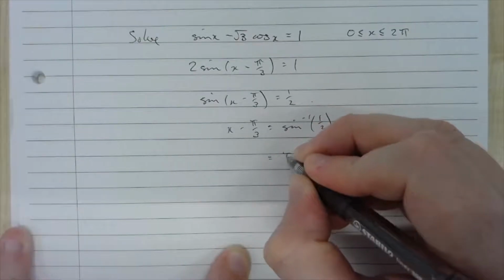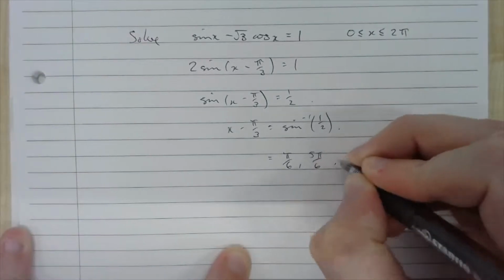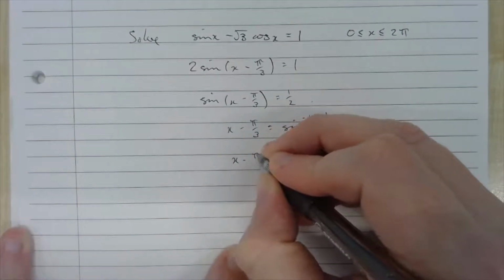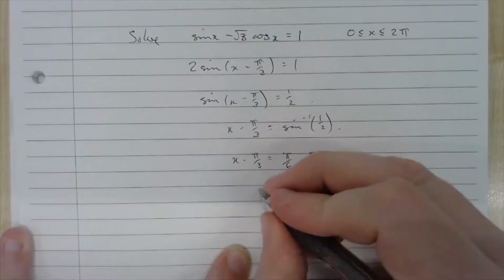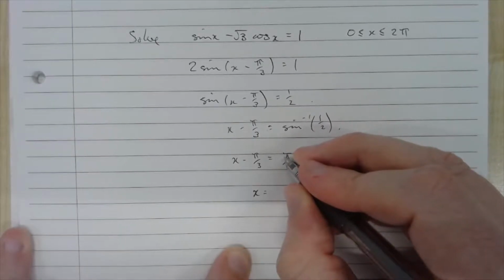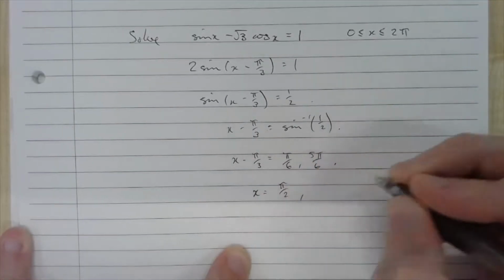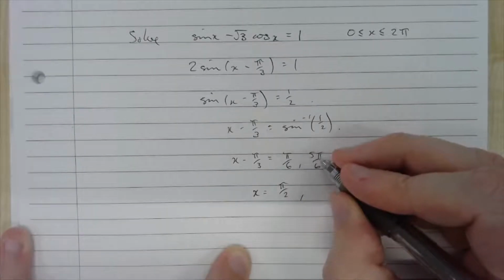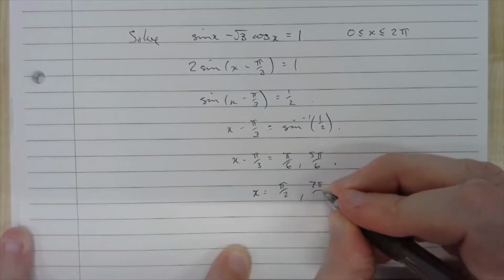So my two solutions are pi on 6 and 5 pi on 6. But I need to add pi on 3, or in other words, 2 pi on 6. So my final answers are pi on 6 plus 2 pi on 6 is 3 pi on 6, or pi on 2, and 5 pi on 6 plus 2 pi on 6 is 7 pi on 6.